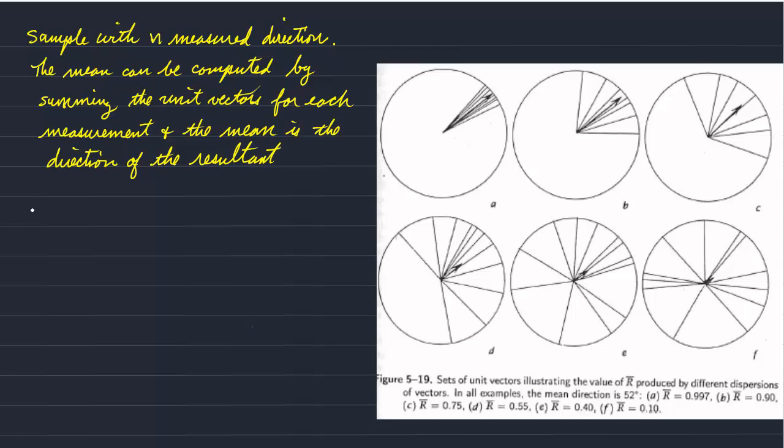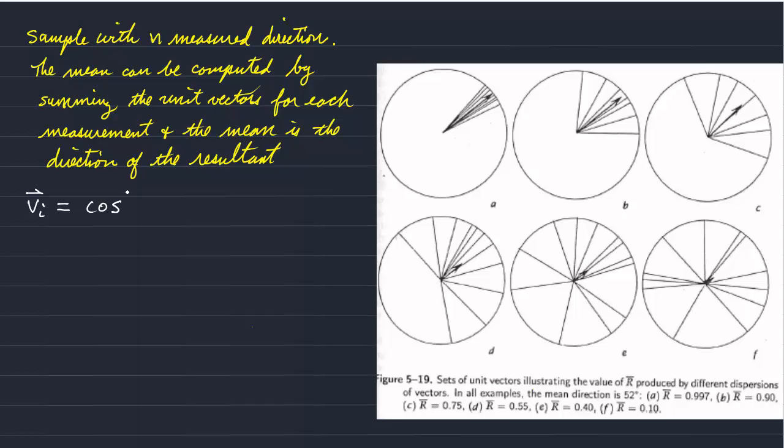So if the ith measurement is described as a unit vector, the x component is cosine of the azimuth of the angle. And I almost said azimuth. In this case, it wouldn't be azimuth.